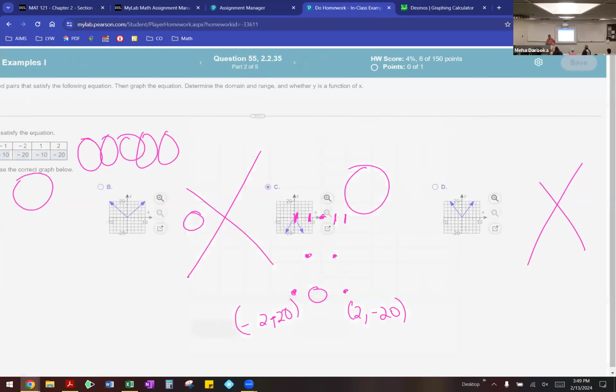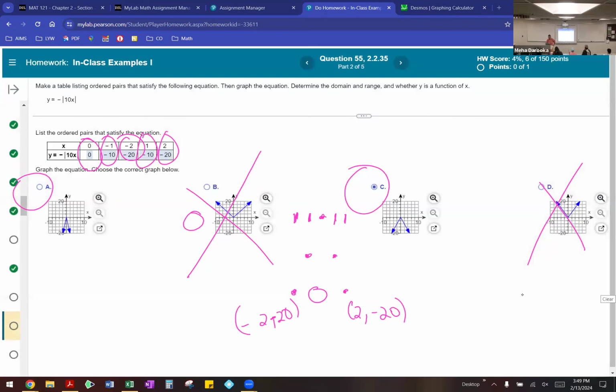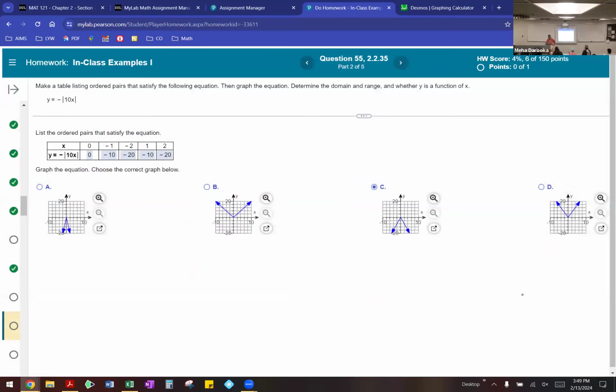And the other thing, which again we will be talking about later on, is that the 10 actually tells you, remember I was telling Angel about that, how the coefficient in front tells you about the stretching and shrinking. So that's what is happening with that 10. It's making your graph stretch, which is making it look narrow. So that's why that V shape is much narrower for this one.